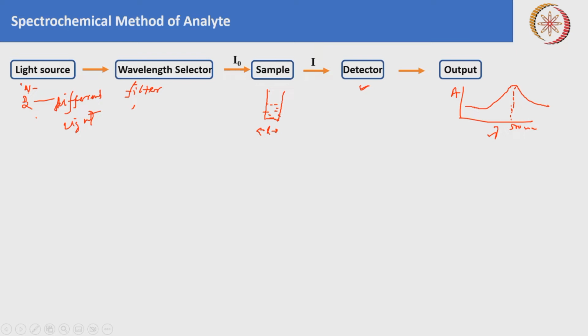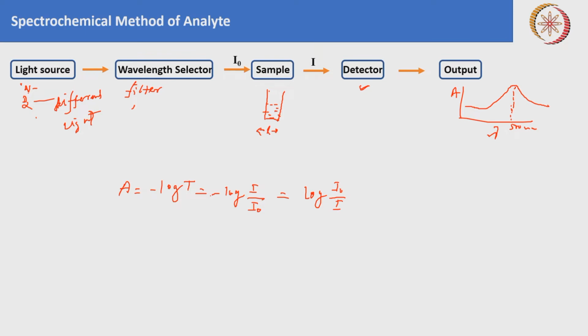That's how we can measure the experiment, and we also know this absorbance spectra, which I discussed earlier. Just to remember, absorbance is minus log of transmittance, where transmittance is I by I naught.